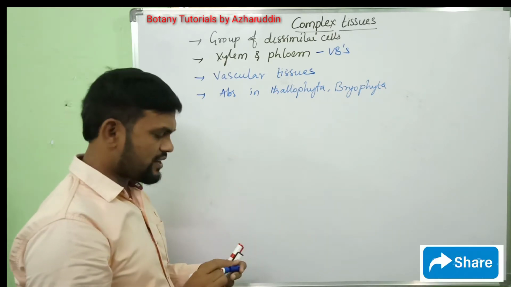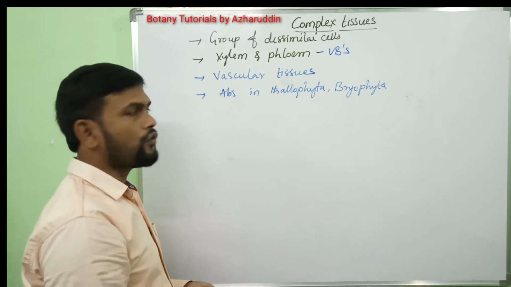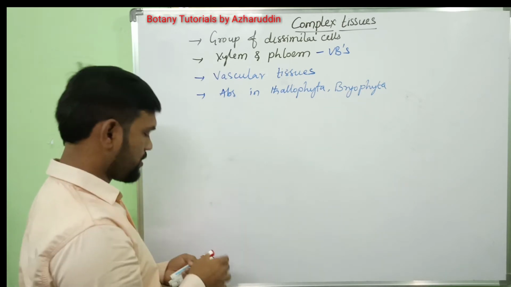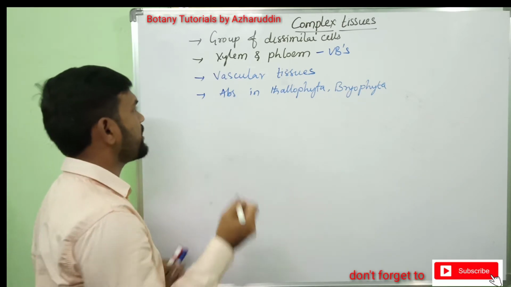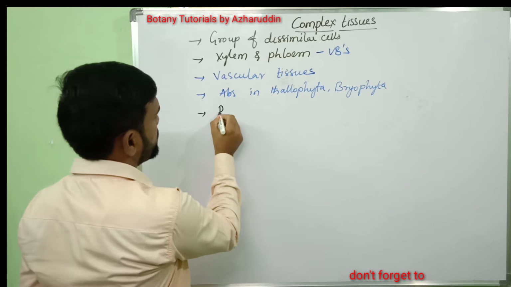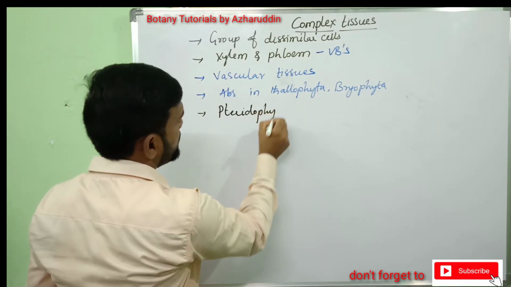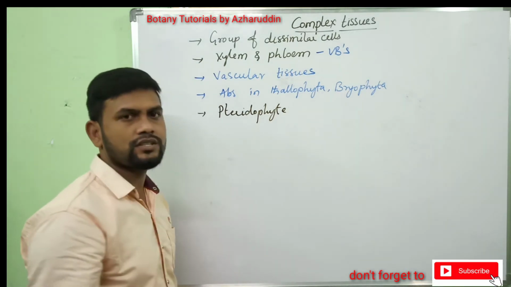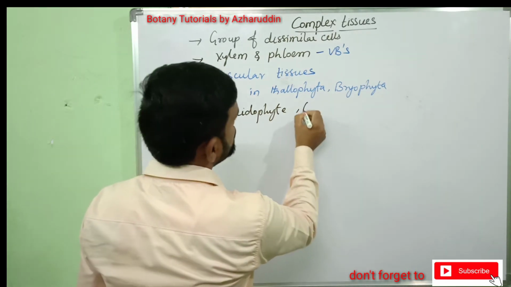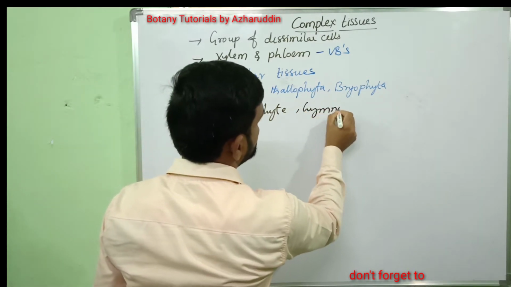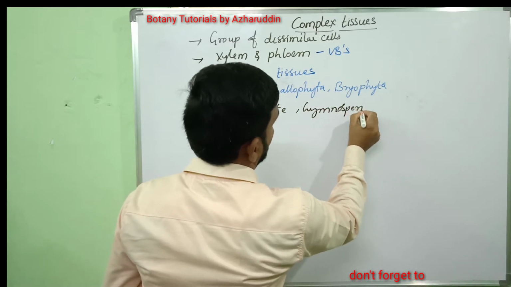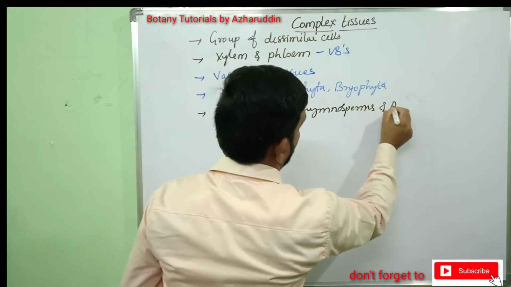They are first found in pteridophytes, and gradually developed into complex structures in gymnosperms and angiosperms.